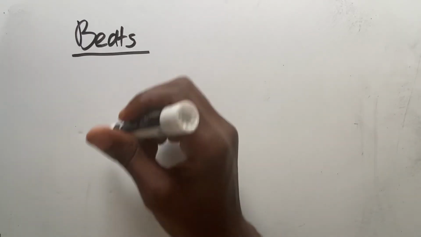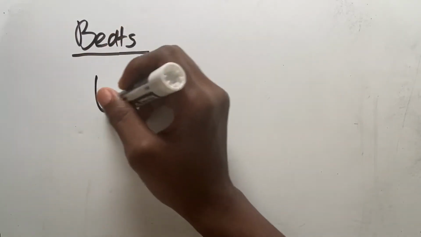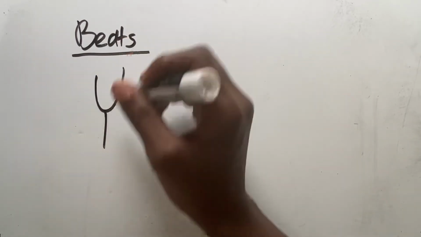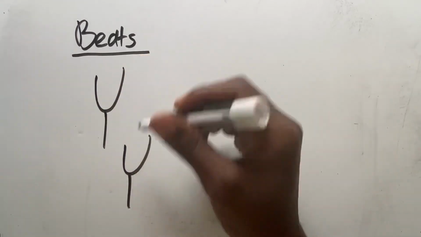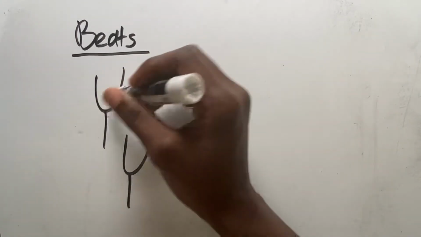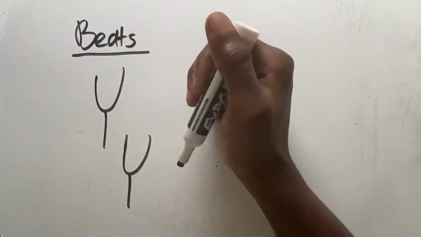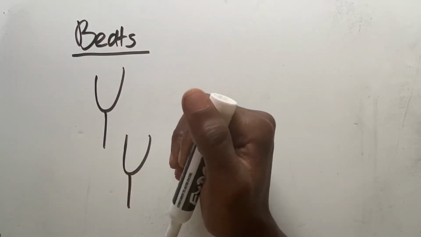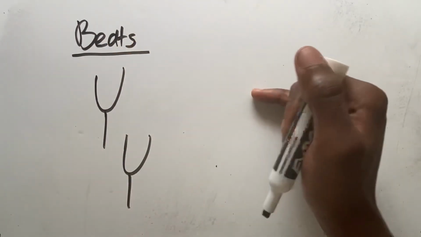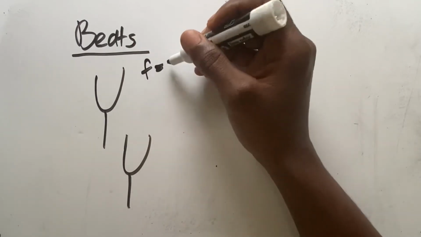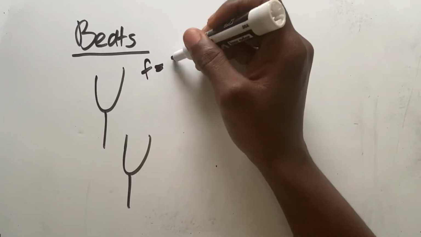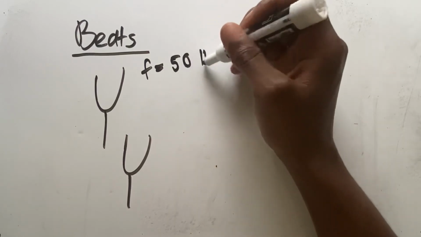So if I have two, they call these tuning forks. And basically what tuning forks are, they're just kind of weird looking forks, and if you hit them, they vibrate by a certain amount, causing certain sound waves. So let's say this one has a frequency of, let's just say 50 hertz.